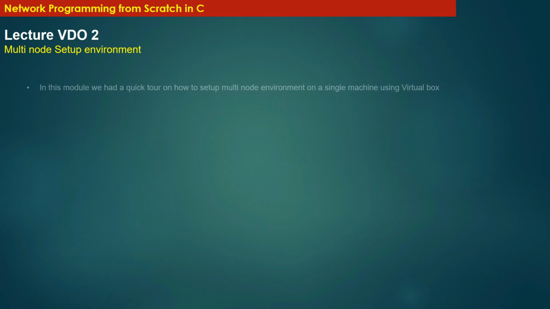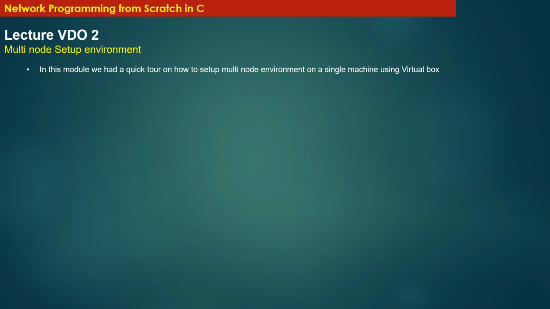Right? So let us quickly summarize what we have learned in this module 2. In this module, we had a quick tour on how to set up a multi-node environment on a single machine using VirtualBox. And we learned assigning IP addresses and configuring static routes. The routes that you have been configuring in your virtual machine are static routes.